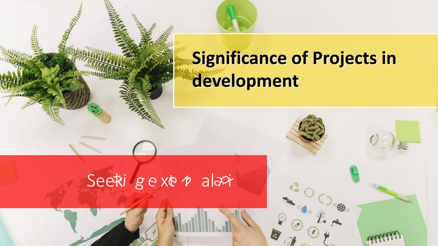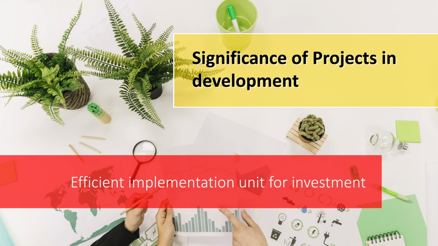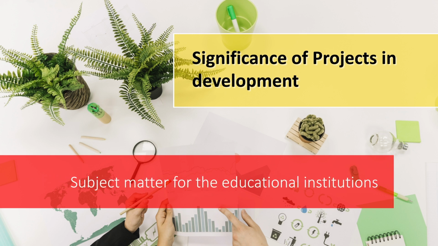If you want external aid from donor agencies or donor countries, the project concept helps to obtain external aid or funding. The project concept is also helpful in implementing the investment plan, the country's policies, or the different types of plans. If you want to implement plans or programs in a country, projects are very helpful. Lastly, we will see the condition of the subject of agriculture project analysis in educational institutions. So we will also study that.